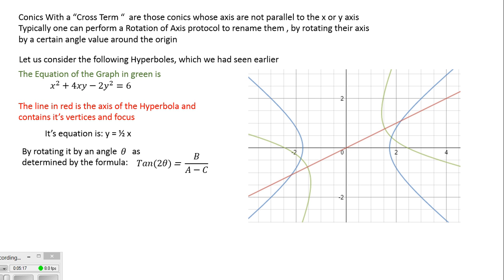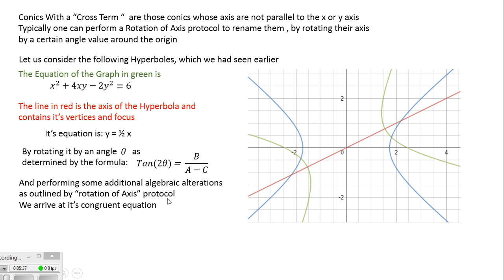So the formula for that is given by this: the tangent of 2 theta, where again theta is that required angle of rotation. The tangent of 2 theta is the b value, which up here is 4, over the a minus c value. We'll do this. We just want you to know that formula. You're going to have to call on that.